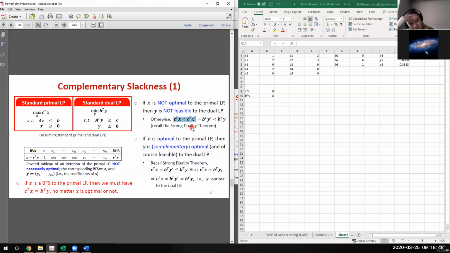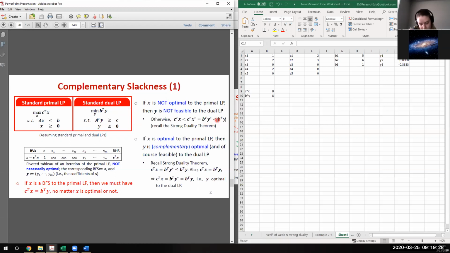Then by the strong duality theorem, we have c^T X star equals b^T Y star, where this X star is the optimal solution to the primal LP, and this Y star is the optimal solution to the dual LP. And then, because I assumed that Y is feasible to the dual LP, I must have b^T Y star less than b^T Y, because Y is feasible to this problem and Y is not optimal.